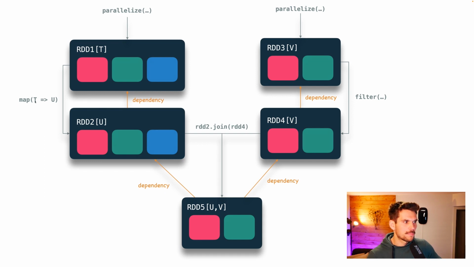For example, a map has a semantic meaning of only acting on one record, and for the filter, we also know we can make the decision for each record individually. But for a join, for example, we know that we have to group data together which have the same key.